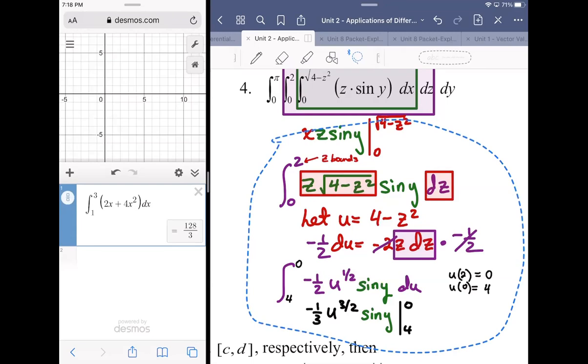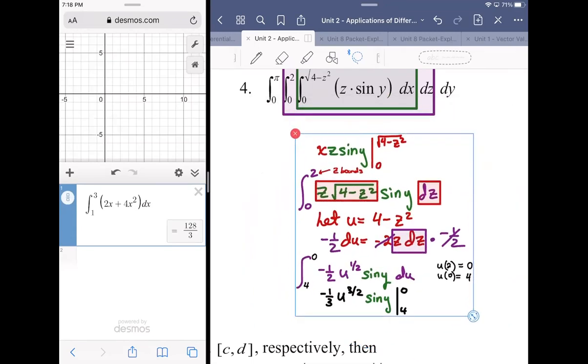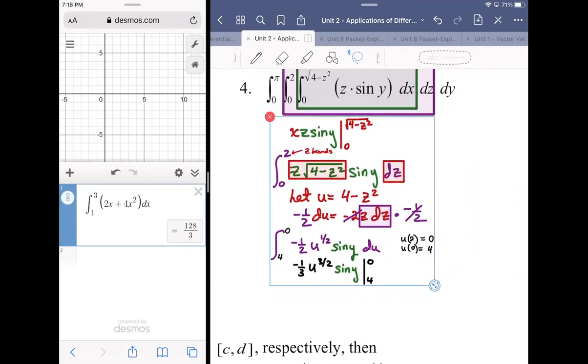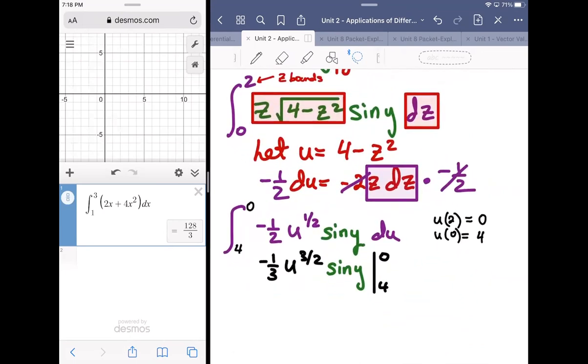But just an old rule from definite integrals back in Calc 1, Calc 2: if you ever want to swap the bounds of an integral, you can do so as long as you negate the integral itself. But like I said, I'm going to leave it as is.